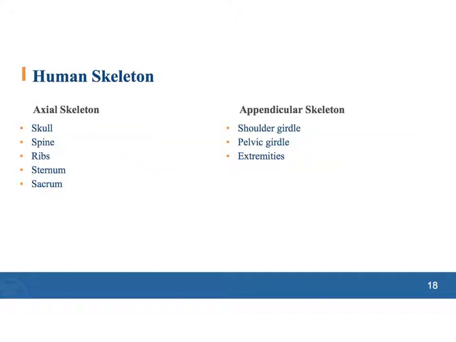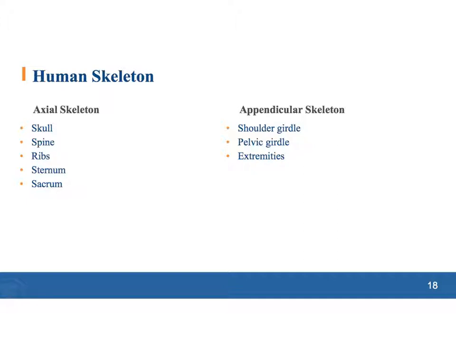The human skeleton is divided into two parts, the axial skeleton and the appendicular skeleton. The axial skeleton consists of the skull, spine, ribs, sternum, and sacrum, and they protect your vital organs. The appendicular skeleton is your extremities and the girdles that connect them.